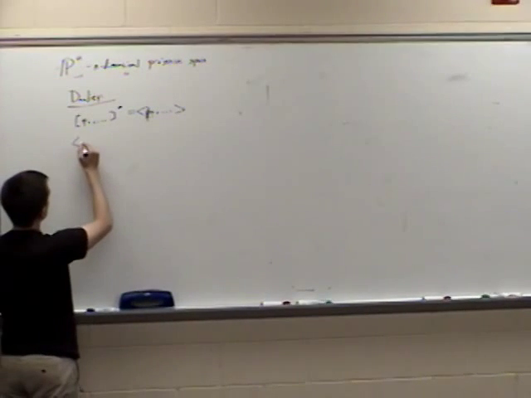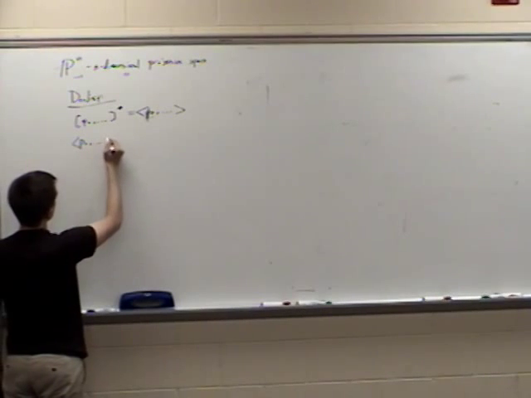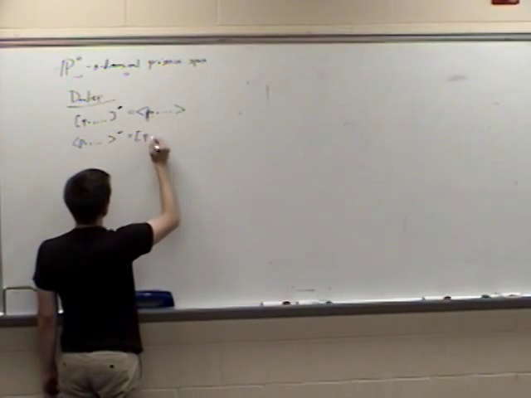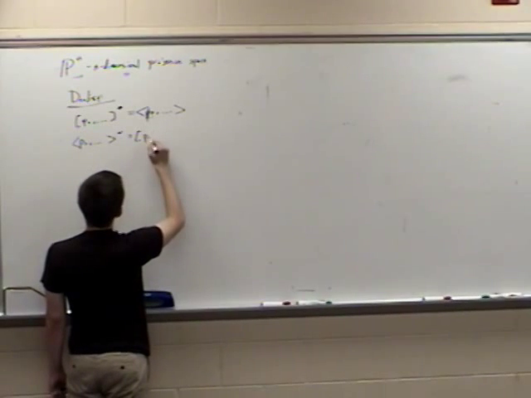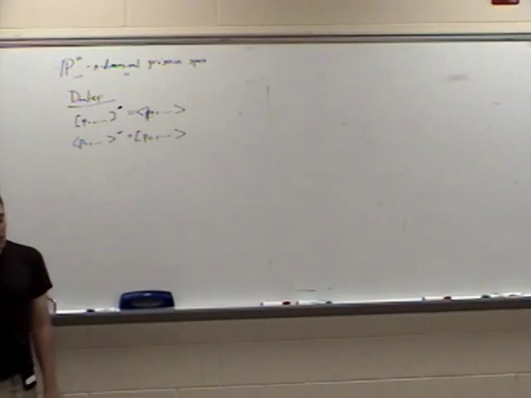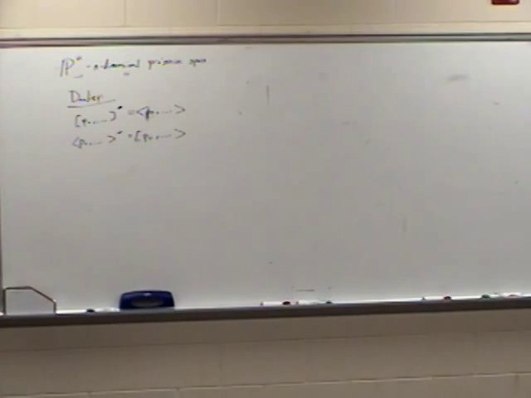And if we have any angle brackets and we put a star next to it, we're going to turn it into square brackets. That's just the high-level idea of what's going on. It's a very simple transformation. We're just flipping a little symbol inside there.